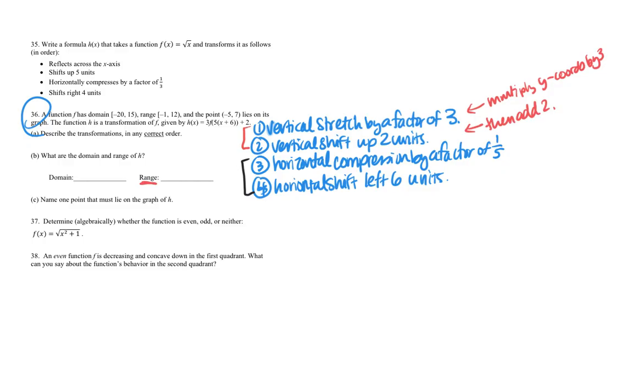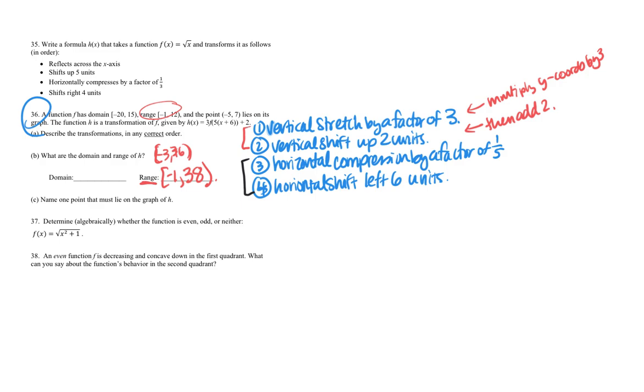So what does that do to my range? If I multiply by 3, I'll get negative 3, 36. And then if I add 2, I'll get negative 1, 38 for my range.